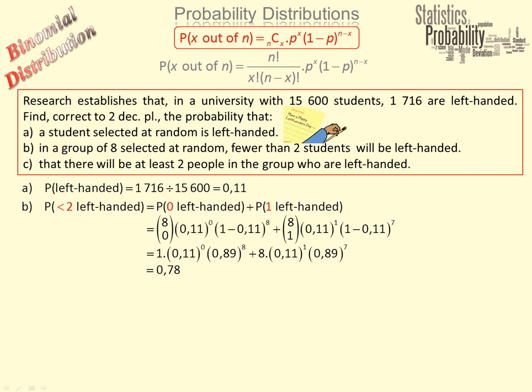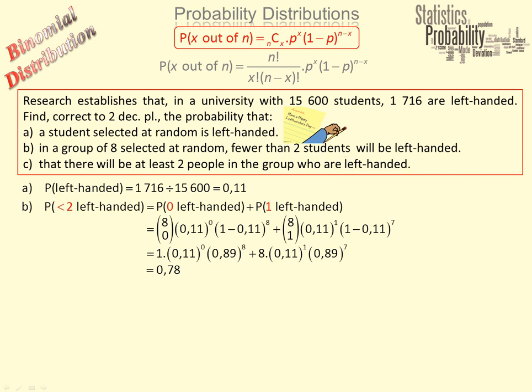C. That there will be at least 2 people in the group who are left-handed. Now that could be a complex question, because if it's at least 2, that means 2 or 3 or 4 up to 8 could be left-handed. Or, think about it, we can do it an easier way. Have a look at B. We've just worked out fewer than 2. Now at least 2 is the complementary event.